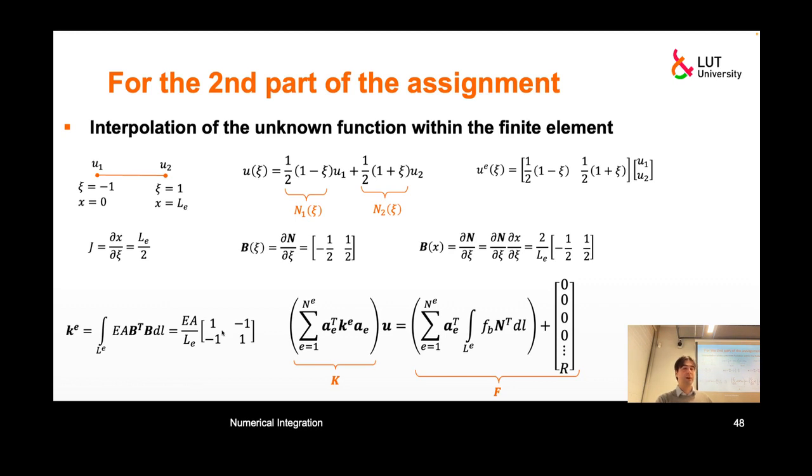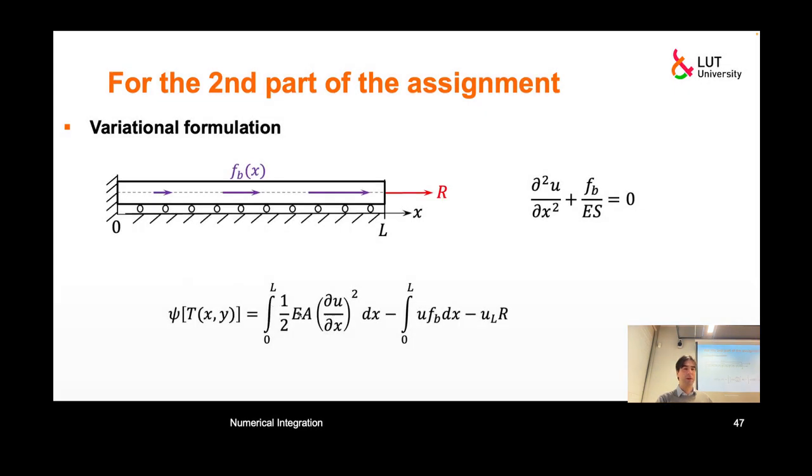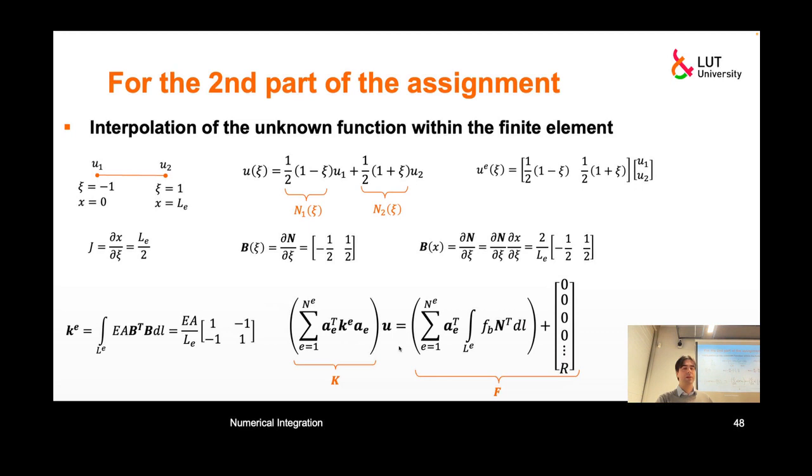Again, the 1/2 goes away, and so does the transpose of the global displacement vector. And this is the finite element equation that you eventually get.